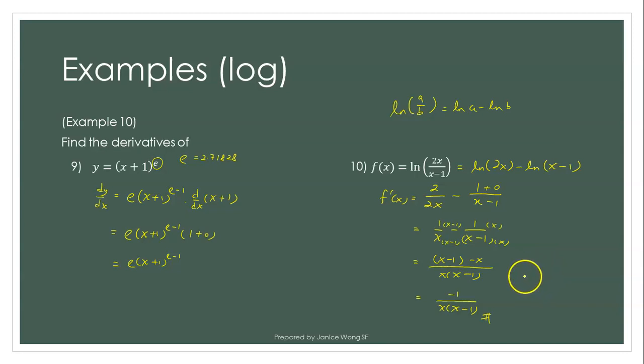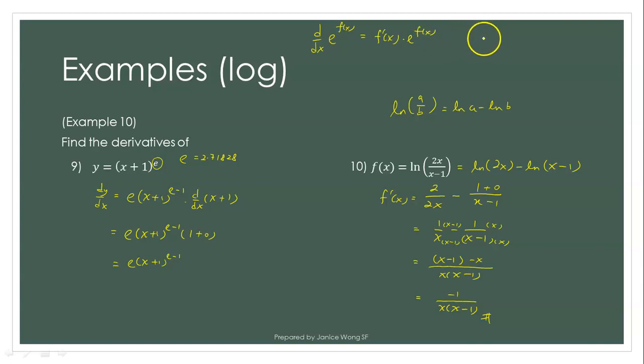That is all about the derivative of exponential function and log function. We need to remember that when we differentiate an exponential function, which means the term has a power that is a function in terms of x, it must be base e. So when we differentiate e to the power of f(x), the answer must be f prime x times e to the power of f(x).